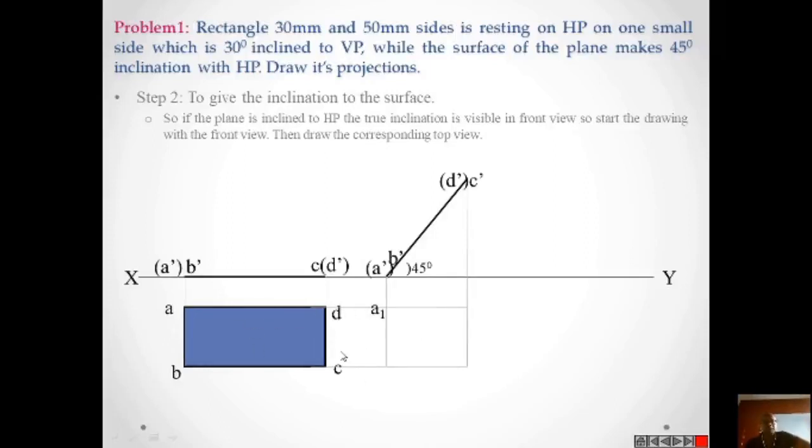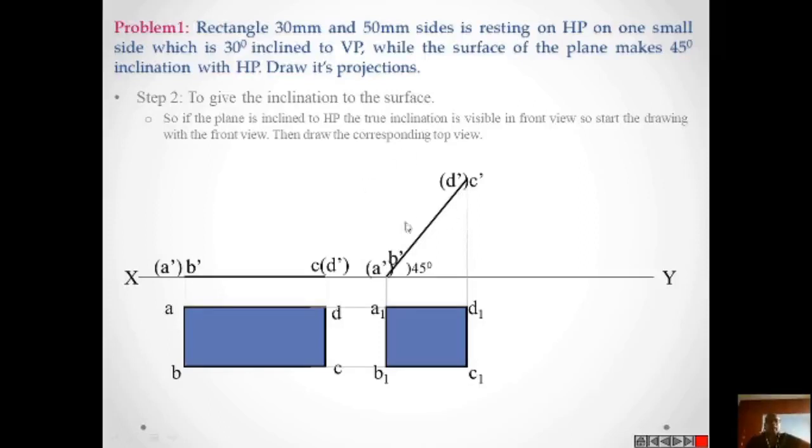Now the projection from A and the locus line from A intersect at A1, and the projection from B and locus line from B intersect at B1. Similarly, the projection from C and locus line from C will be meeting at C1, the other one at D1. So this is the second step.